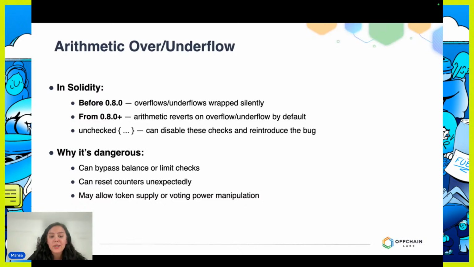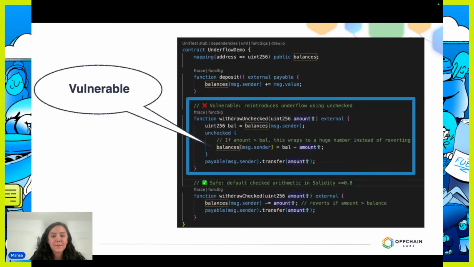Or in the worst extreme case, there might be a token supply where you can just start minting tokens without the contract even knowing, or voting power manipulation. So you have to be really careful about these kinds of attacks.